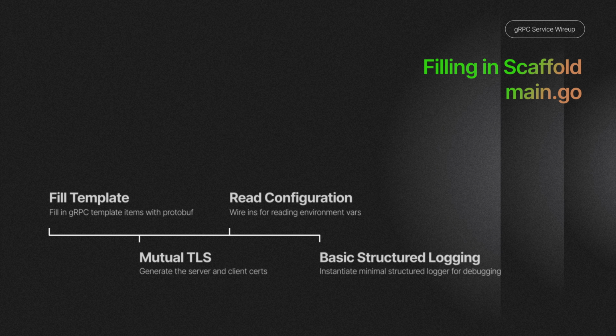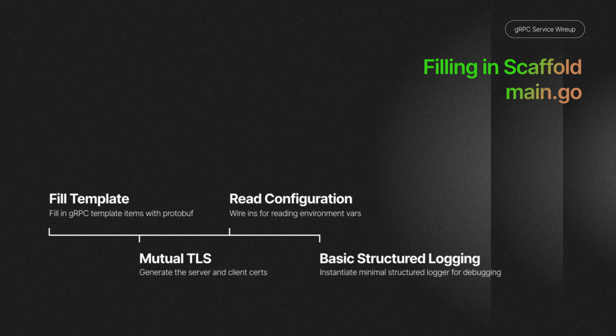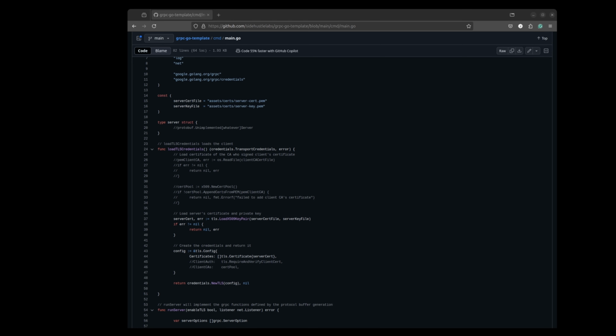So when I made the template, I left some things commented out. So we'll need to fill in the gRPC items that we know about now, since we've actually generated our protocol buffer with a name and everything. So this is the process we'll follow each time we use this template.